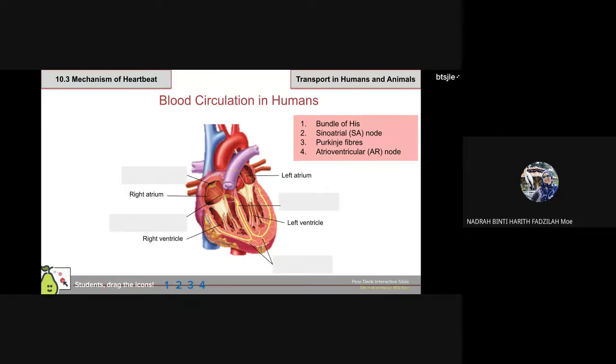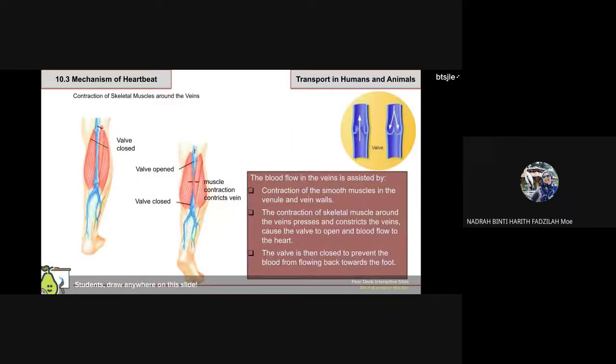Kemudian we also discuss the role of skeletal muscles, that when the skeletal muscle contracts, it will push the blood in our vein so that it can be transported back to the vena cava.